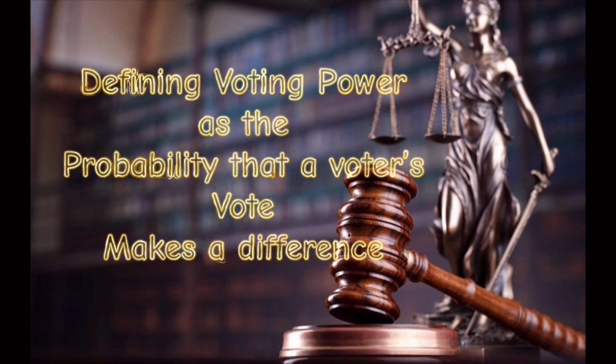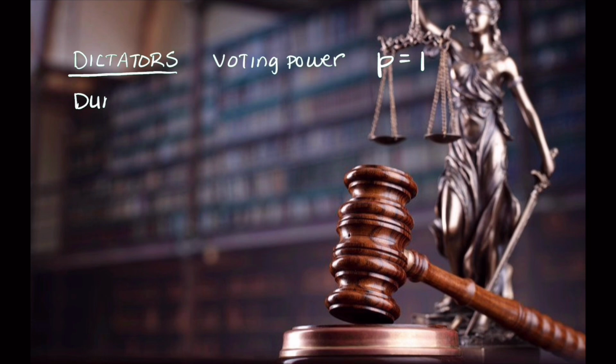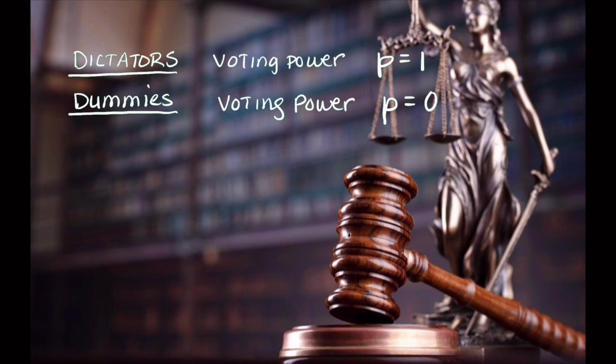So now we're going to define voting power as the probability that a voter's vote makes a difference. A dictator is one who has a voting power of 1, where a dummy has a voting power of 0.